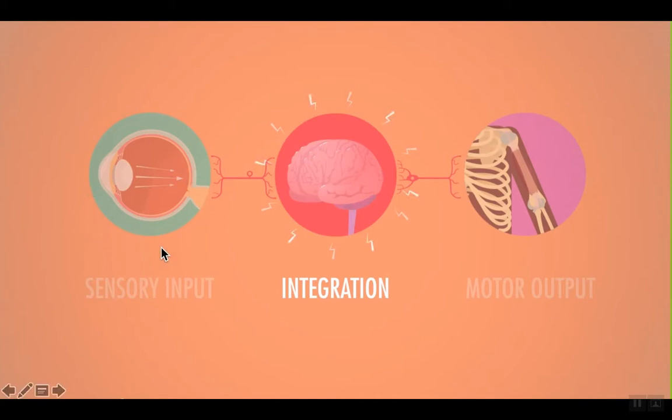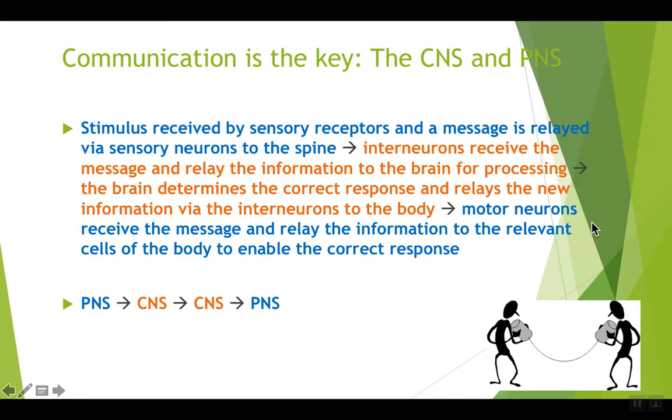So you have your sensory input. Those are integrated within the central nervous system, and then your motor output, your kind of response. What's really important here is the key which is communication. So your central nervous system and your peripheral nervous system must communicate for this to work. The interneurons, which are in your central nervous system, which are the bits that are highlighted in red here, they're the ones that do the communication.